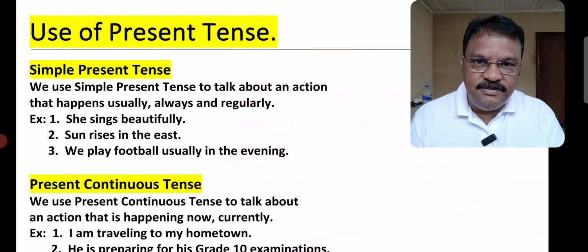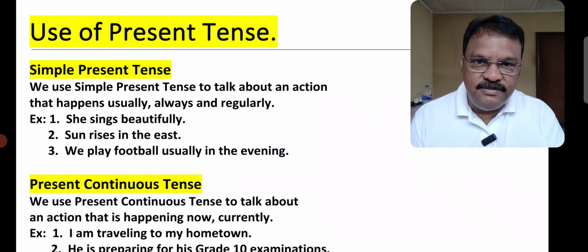Got it? So take note of this. When we talk about tense, we mean time, the time in which the action of the subject is done in our sentence. Got it? Very good.